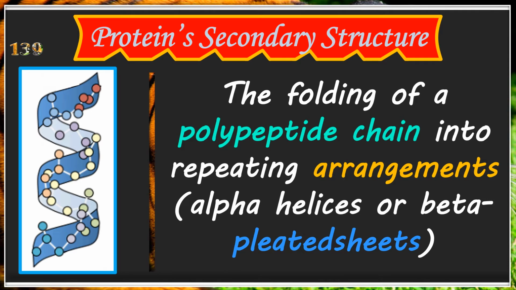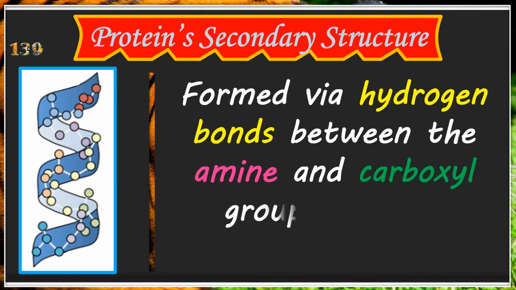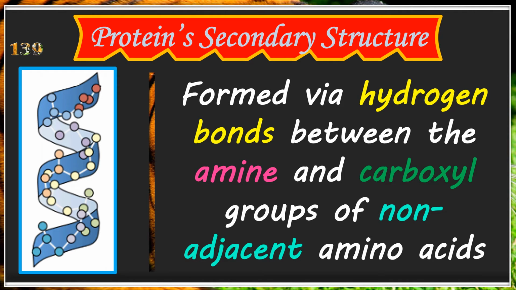We have the alpha helix or beta pleated sheets. It is formed via hydrogen bonds between amine and carboxyl groups of non-adjacent amino acids.